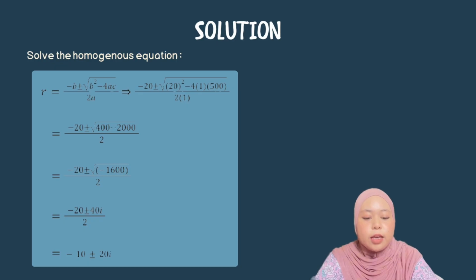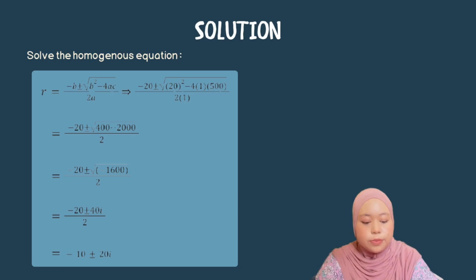And finally, we solve the equation one by one, and now we get r equals negative 10 plus or minus 20i. These are complex conjugate roots, meaning the solution will be an oscillating exponential function.